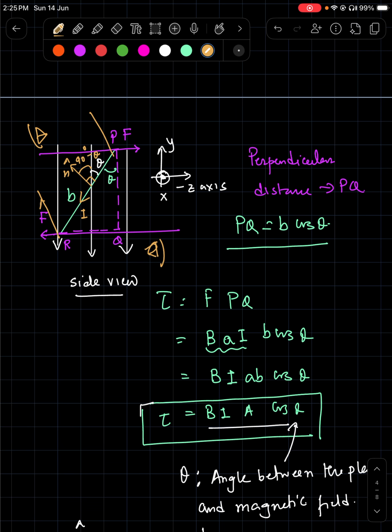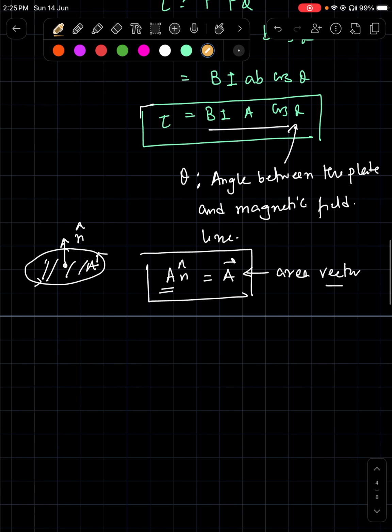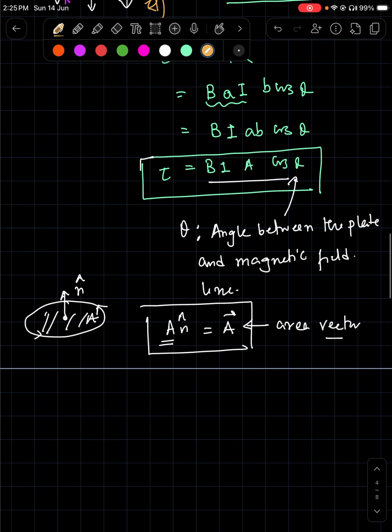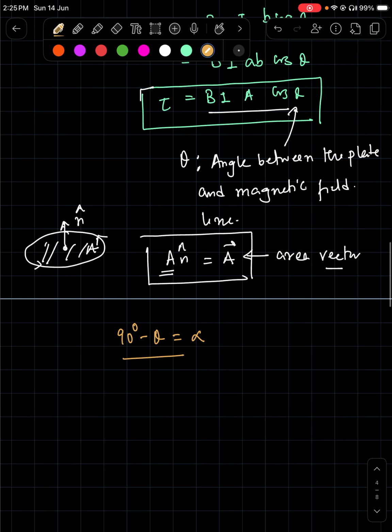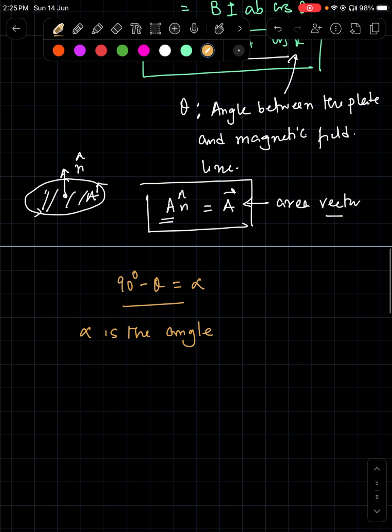I'm going to write 90 degrees minus theta as alpha. So alpha is the angle between the n cap and the magnetic field line.